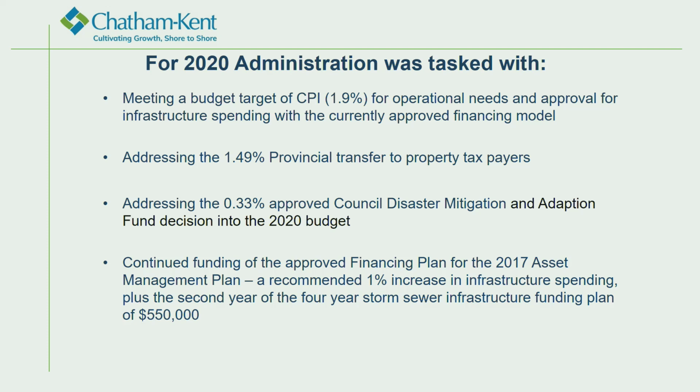It can be a download, but bottom line is the province was elected to look after a deficit situation. They have chosen to transfer from income taxpayers to property tax owners a 1.49% tax increase.